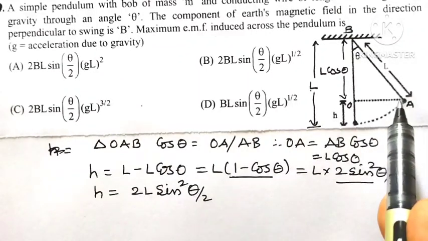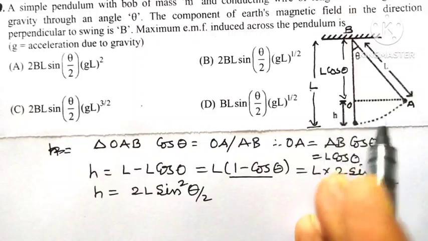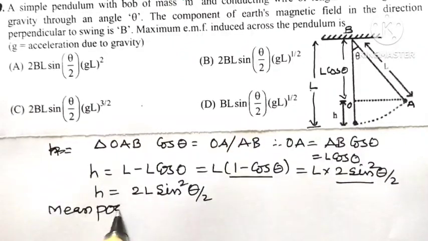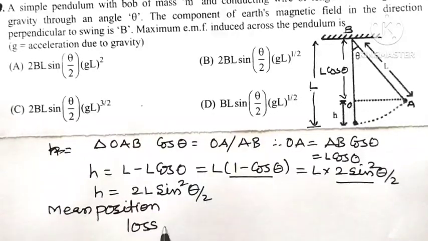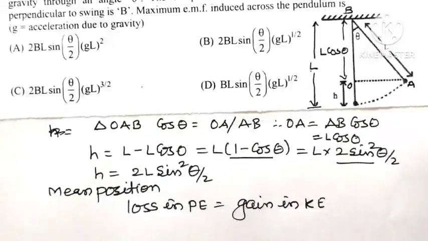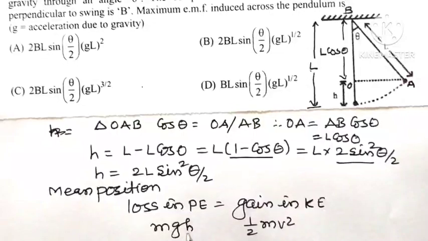So the loss in potential energy of the bob is equal to the gain in kinetic energy. Kinetic energy is half mv square, and potential energy is mgh.